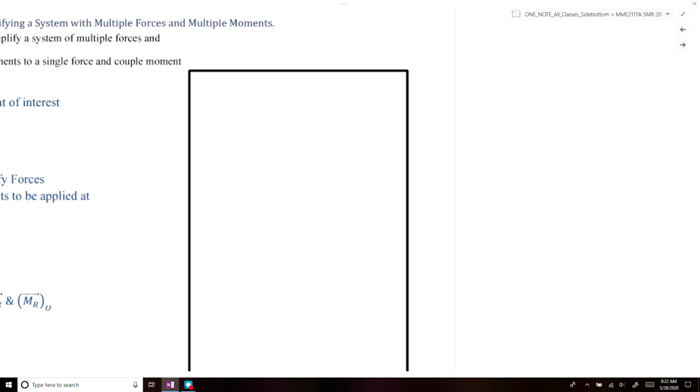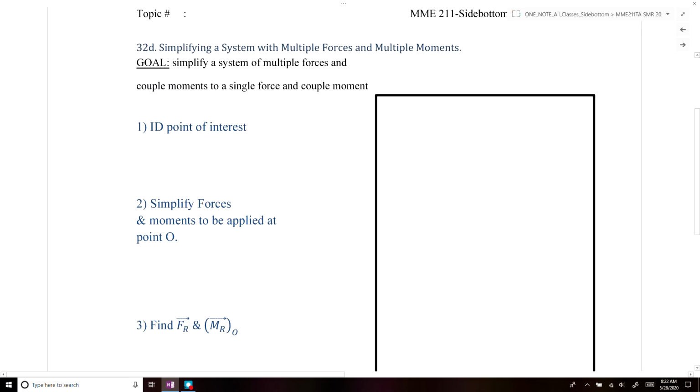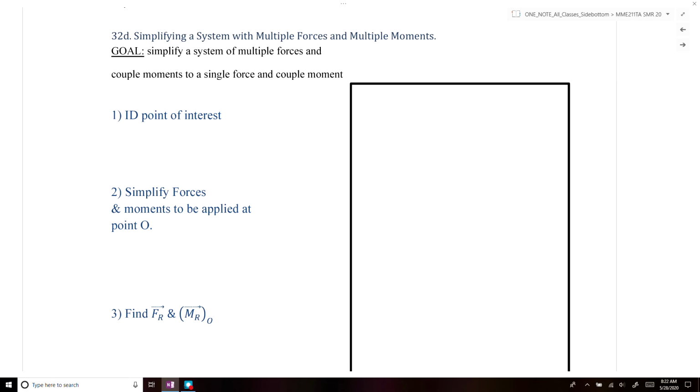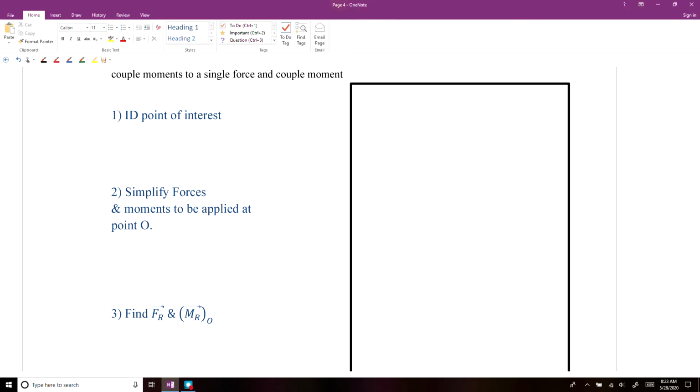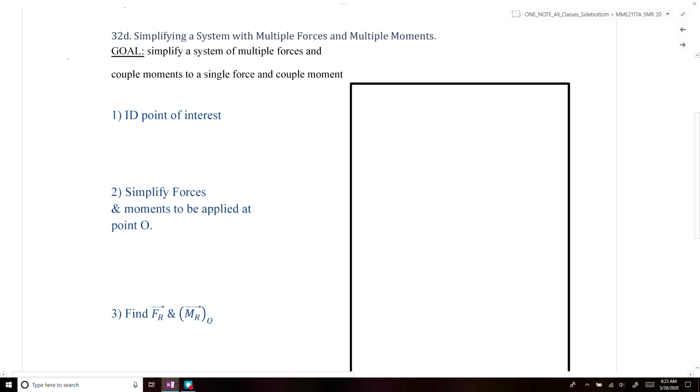We'll follow this procedure when we're trying to simplify a system of multiple forces and couple moments down to a single force and couple moment. We're going to start off with our rigid body, which I'll define.